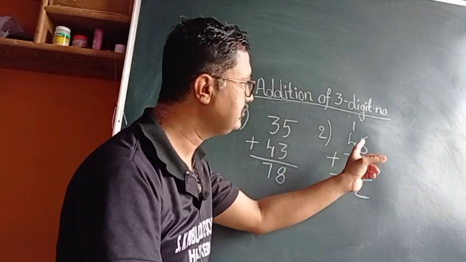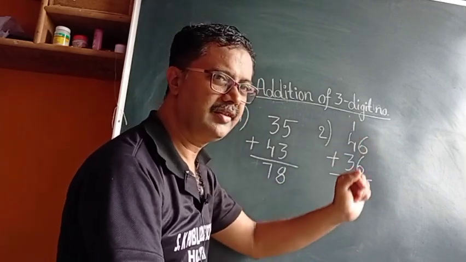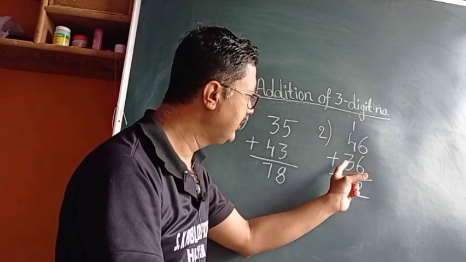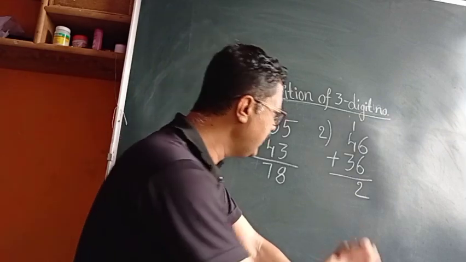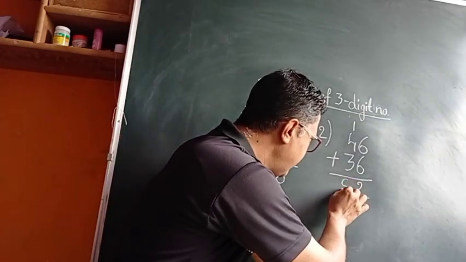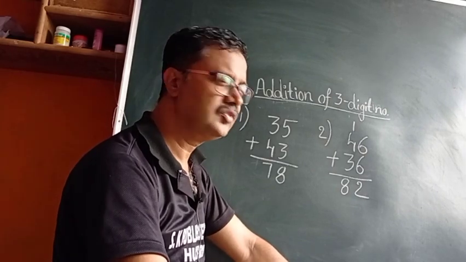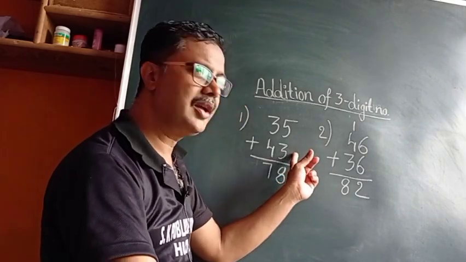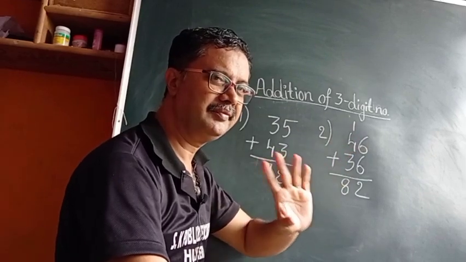Sorry. Now 4 plus 1, 5 plus 3, 8. That is 2-digit number addition without carry and with the carry.